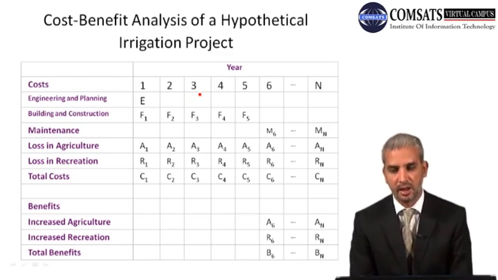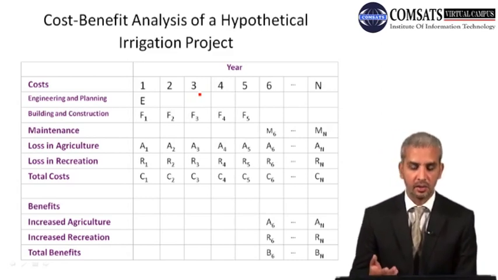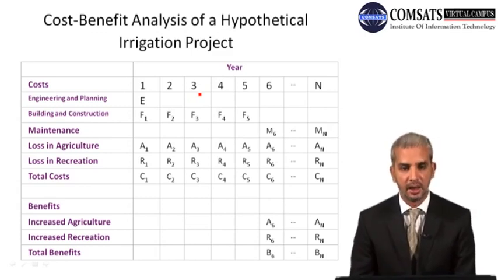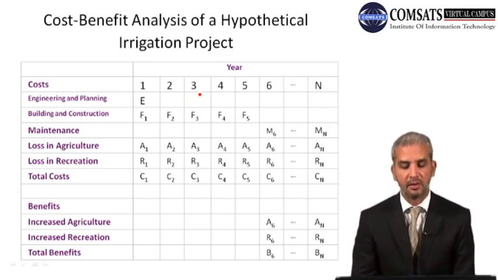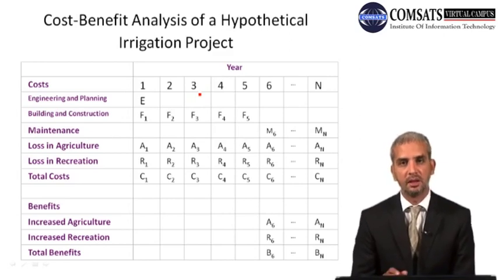That recreation might be swimming, picnics, boating and fishing in the lake. Then there are total benefits which start from year 6. So the first 5 years there are only costs, and from the 6th year onwards there are only benefits.